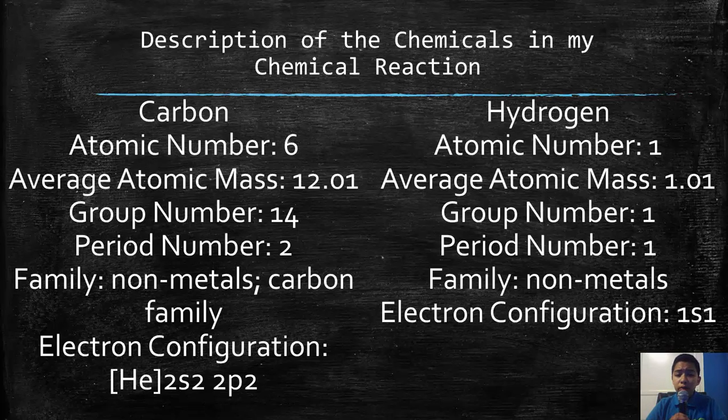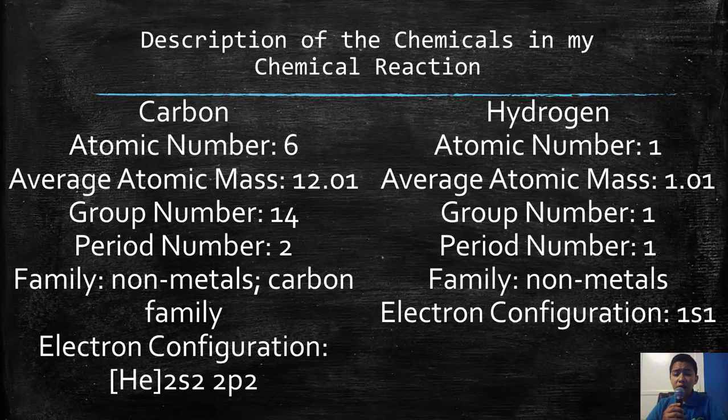The group number of carbon is 14, the period number is 2, and the family of carbon is the nonmetals, or more specifically, the carbon family. The electron configuration, or how the electrons are put into what orbitals, is as follows: 1s2, 2s2, 2p2. The hydrogen atoms have an atomic number of 1 and an average atomic mass of 1.01.